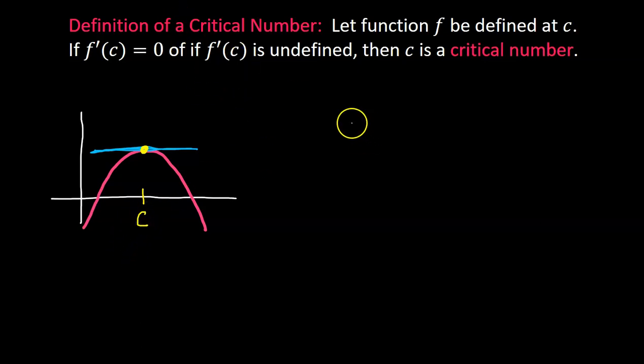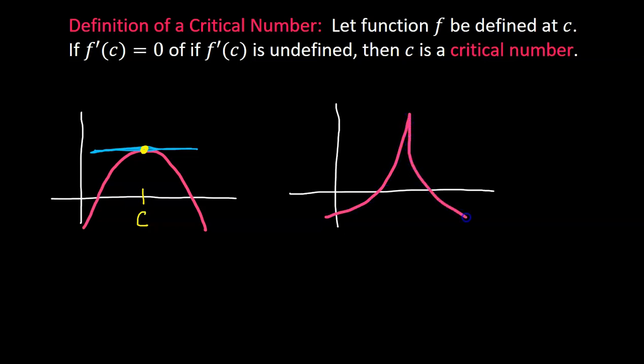Now, here's the other situation. The situation where the derivative is undefined. That will often happen, for example, when the function makes a sharp turn like this.